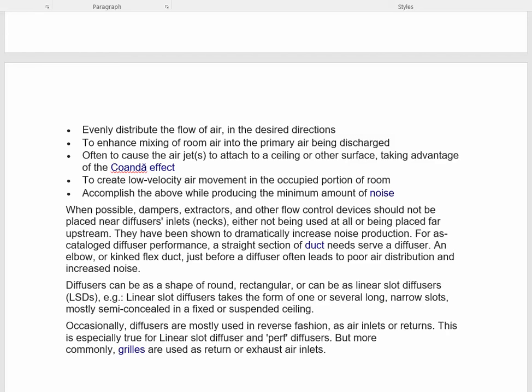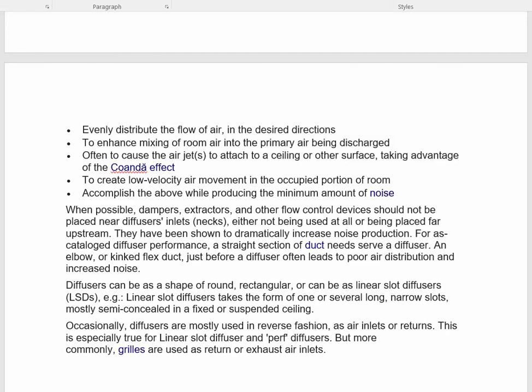When possible, dampers, extractors and other flow control devices should not be placed near the diffuser inlets, either not being used at all or being placed far upstream. They have been shown to dramatically increase noise production.